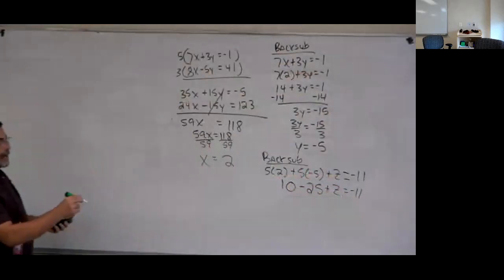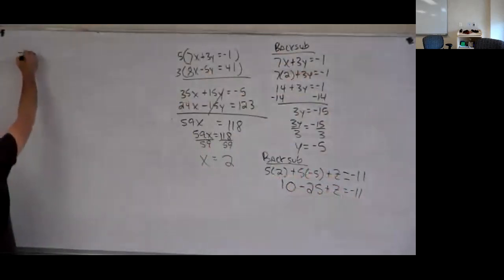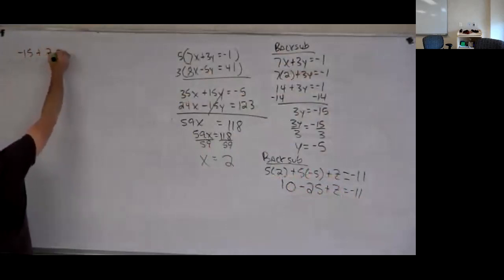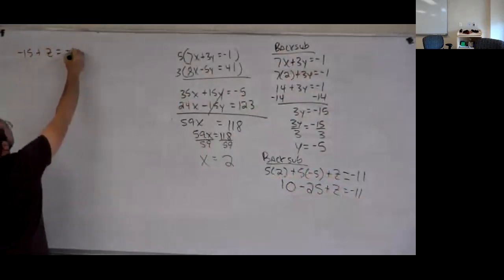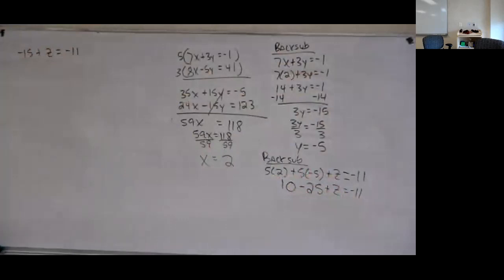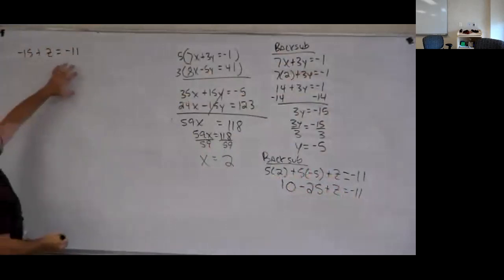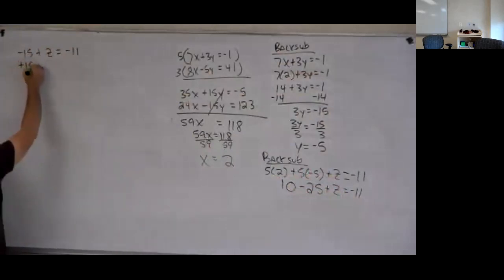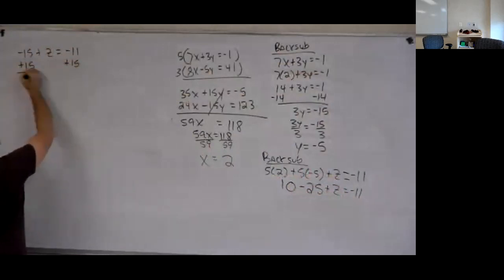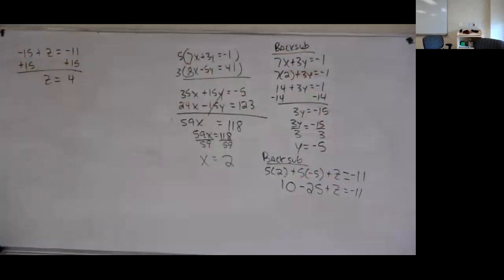And let's see, 10 and negative 25 gives me negative 15, plus z equals negative 11. And then looks like my last step is just to add 15 to both sides. So I get z is a positive 4.